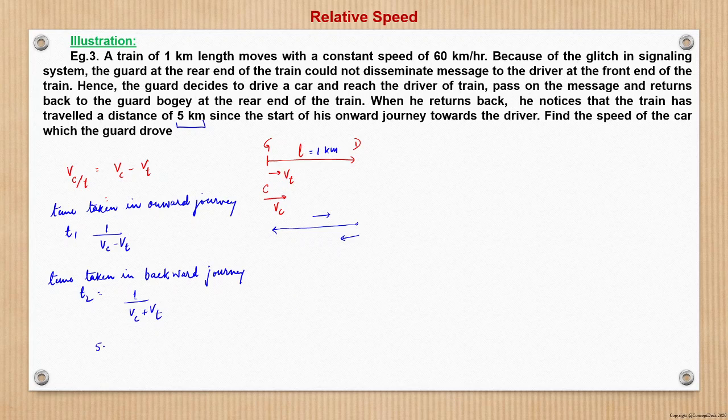So we can say that 5 kilometers is the distance covered by the train in those T1 plus T2 time, right? These three equations we will solve, and then we'll get to the answer. So this says that 1 upon Vc minus Vt plus 1 upon Vc plus Vt, which is T1 plus T2, is equal to 5 upon Vt.